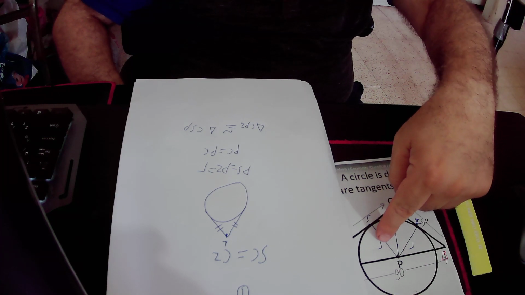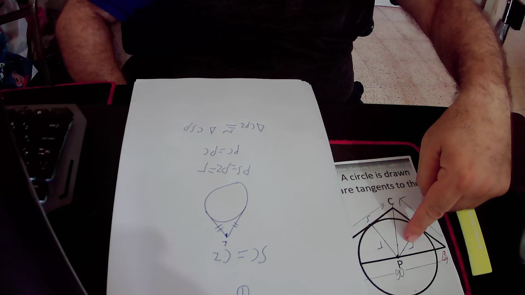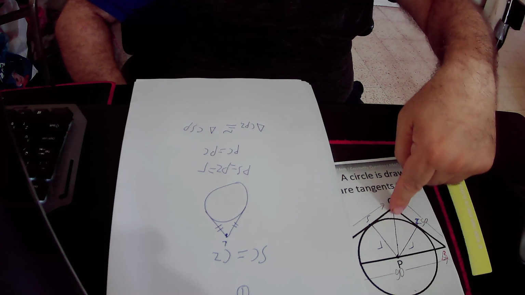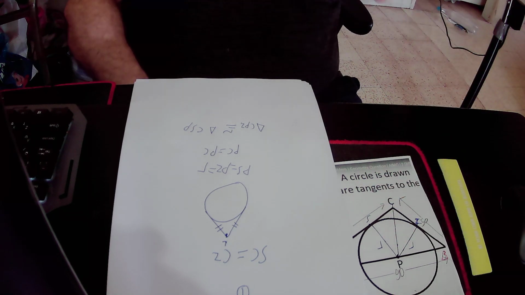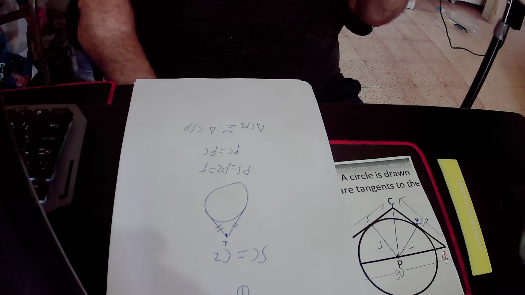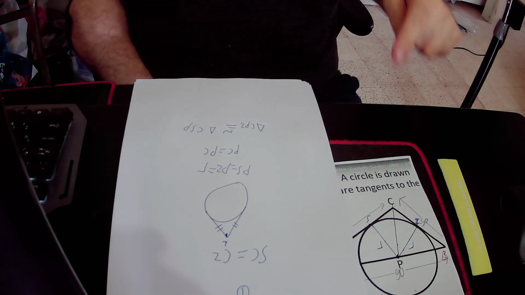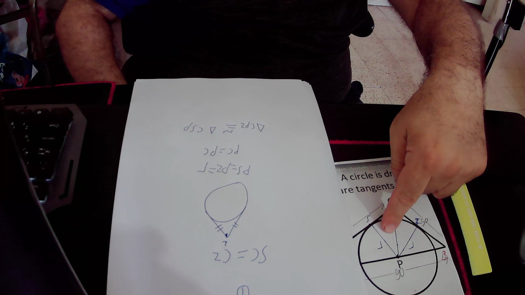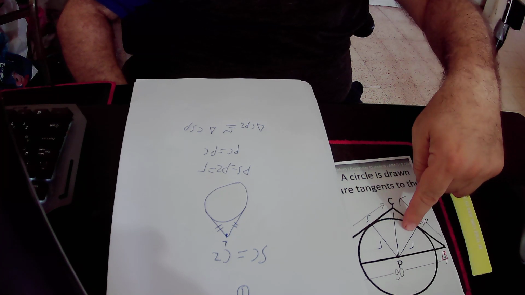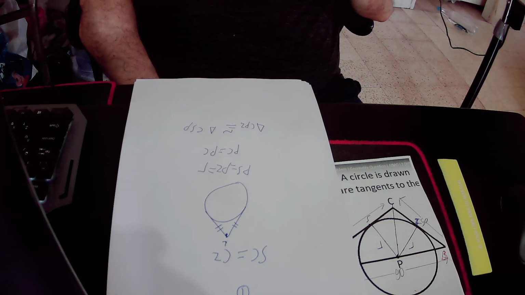This side in this triangle equals this side in this triangle, and this side equals itself. And because of this fact, they overlap. So this triangle overlaps this triangle.